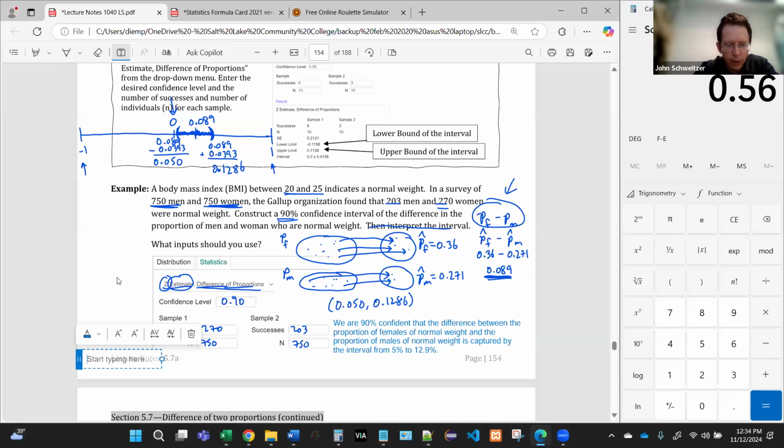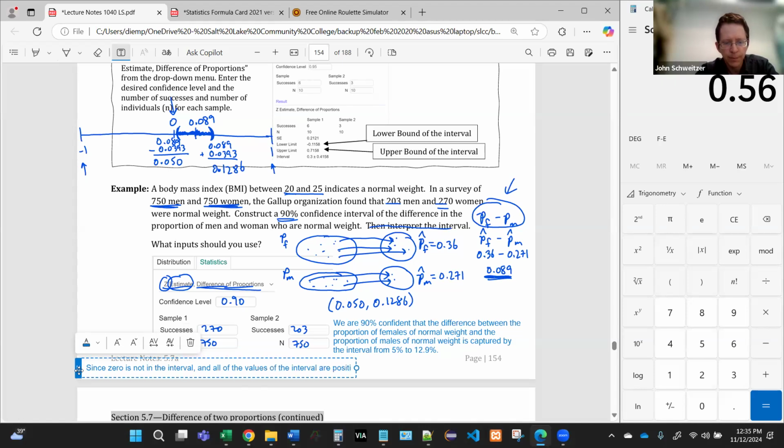Okay, so we can say since 0 is not in the interval, and all of the values of the interval are positive, females have a higher proportion of people of normal weight than males.